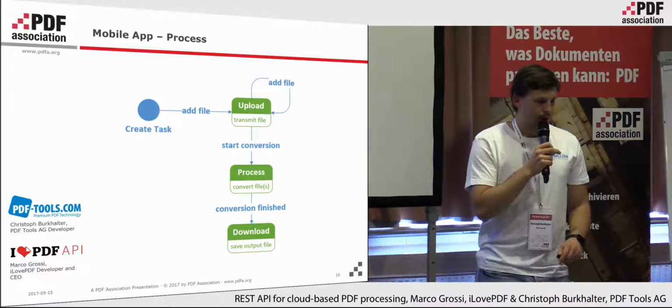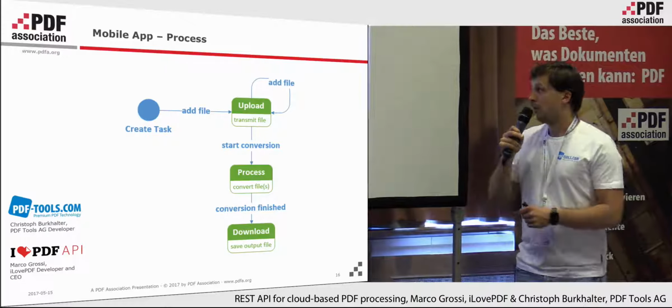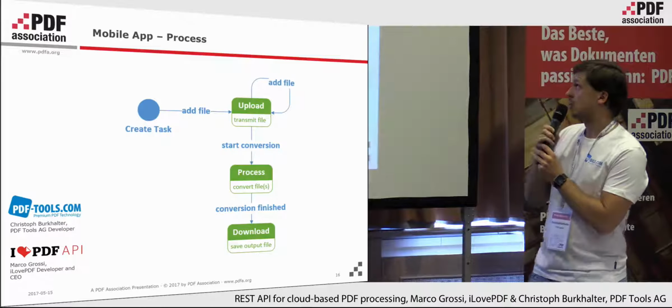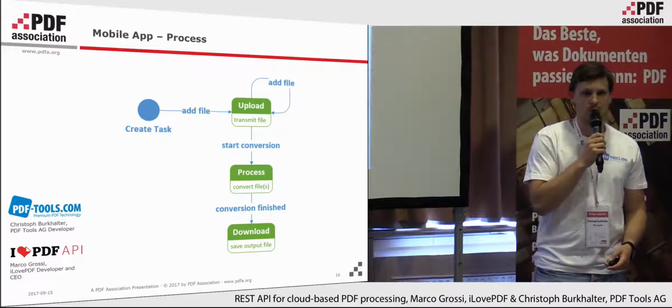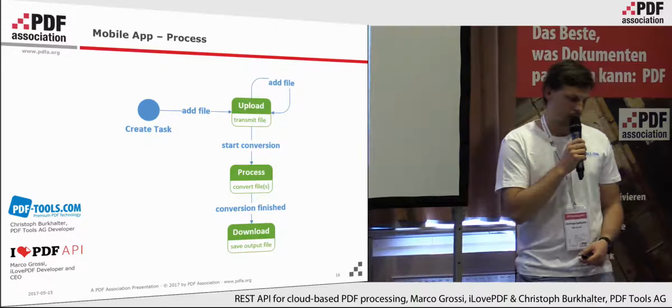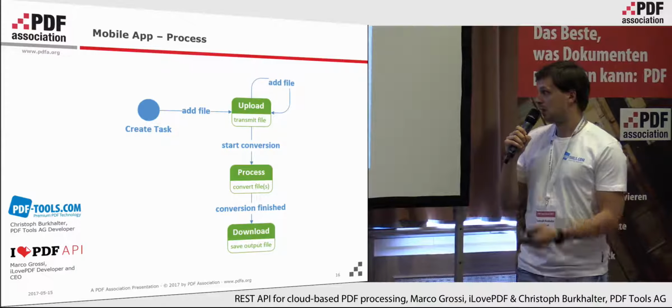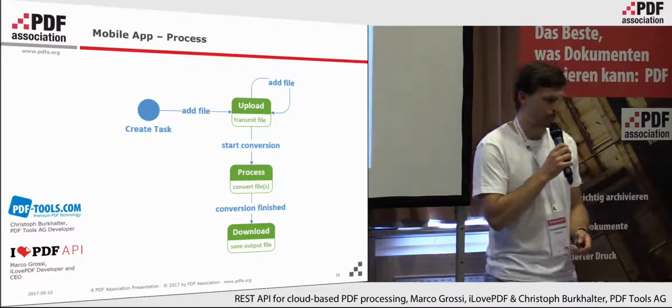So that's the process, a simplified process, of how this works. There's the transmission of one or more files that is needed for the task to process. Then, of course, you process the documents, and then you will have the output for you.